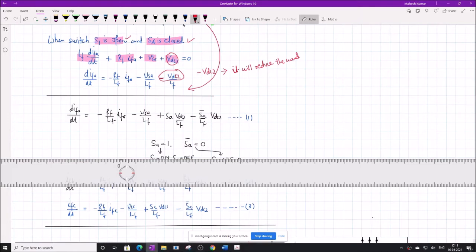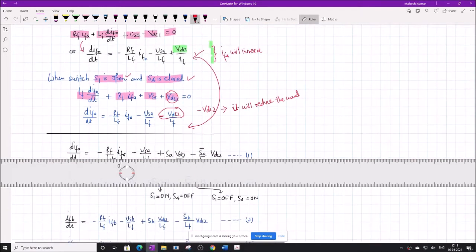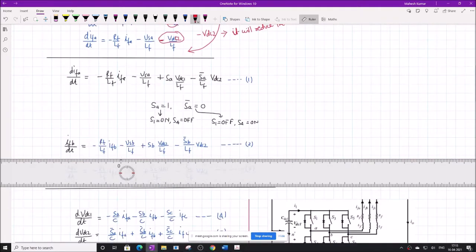Now we can combine these two equations, the two states, in one equation by bringing the switching function of the inverter leg A, SA. So SA is the switching condition of the switch in leg A. When SA is equal to 1, it implies that S1 is equal to 1, S4 is equal to 0.